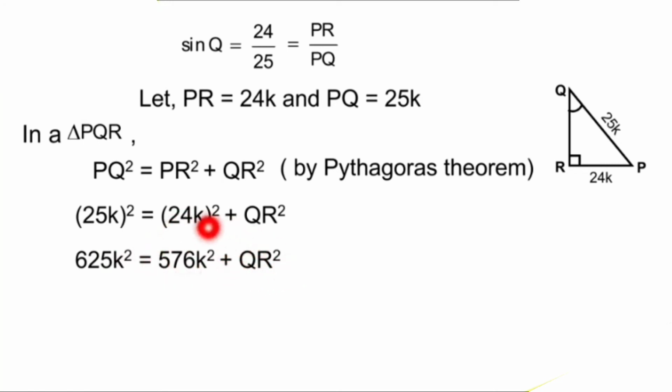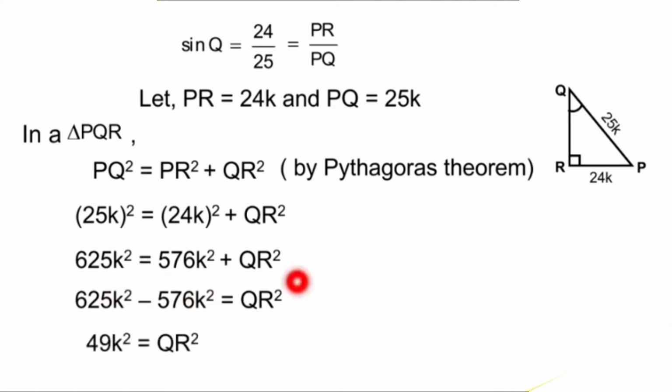Now let us shift 576K square from RHS to LHS. Then we get 625K square minus 576K square is equal to QR square. By subtracting these two terms, we get 49K square is equal to QR square.